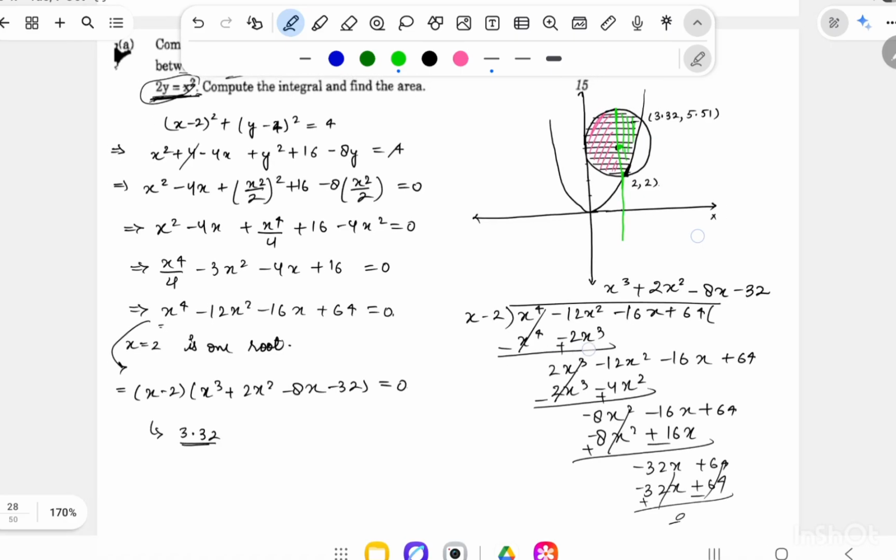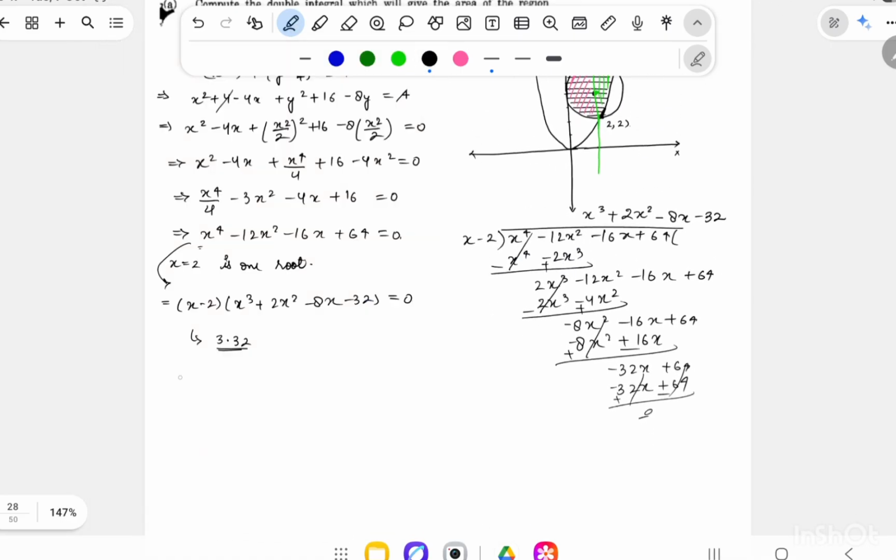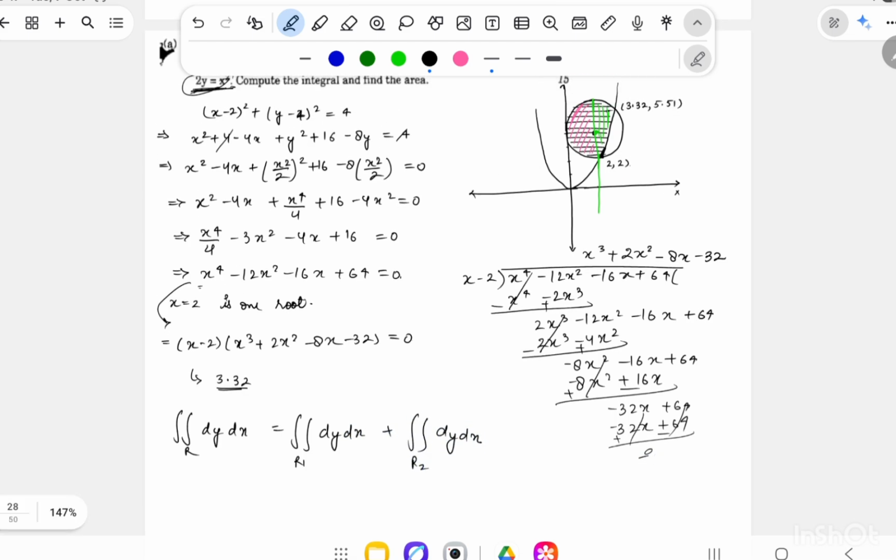So we can write it as, if the complete area is, let's say, R, then double integration dy dx over R is the same as double integration over R1 plus double integration over R2, where R1 is the region shaded with pink color and R2 is the region shaded with green color. Now the region that I shaded with pink color is basically half of the circle, because this line x equals 2 is passing via the center, so this line will act as the longest chord, which is the diameter.